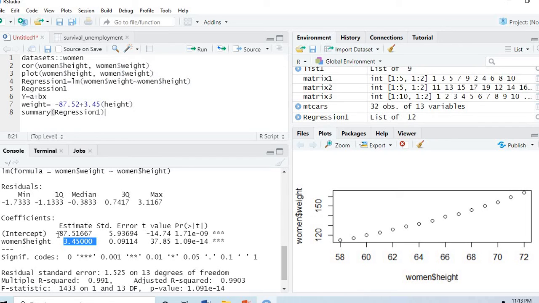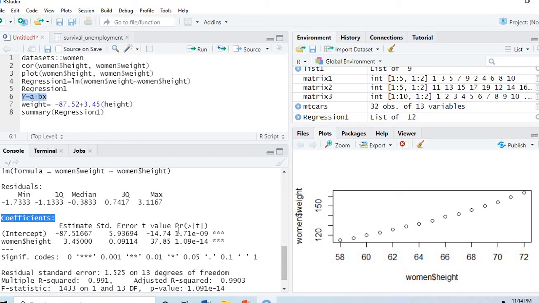Both the intercept and the coefficient of the independent vector are used to predict the dependent vector by drawing the regression equation. So this is your regression equation which you can use to predict the value of the dependent vector. Along with that, the coefficients give the result of the t-value along with probabilistic features.